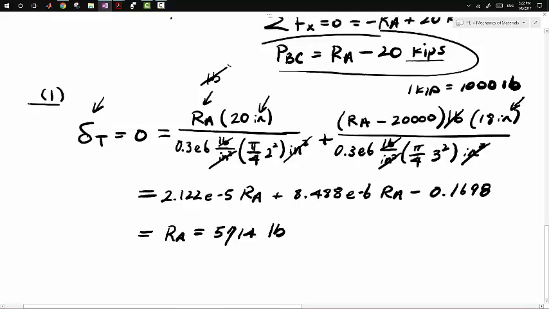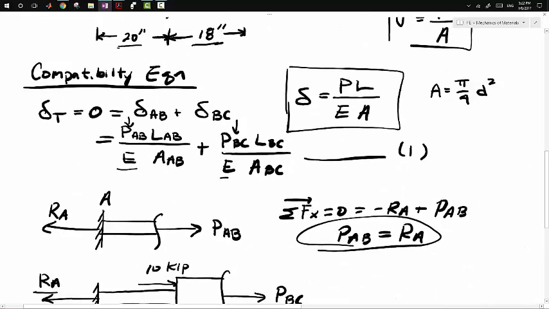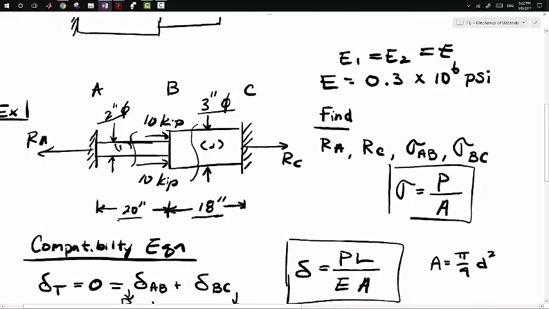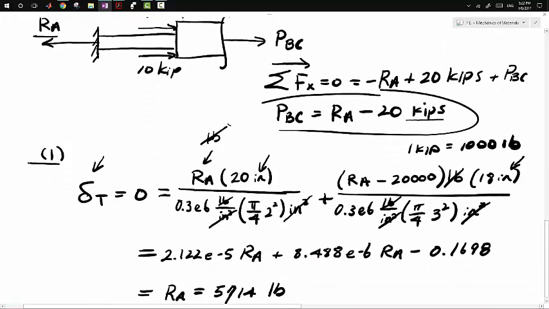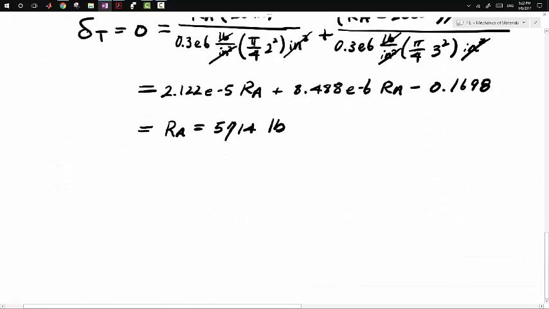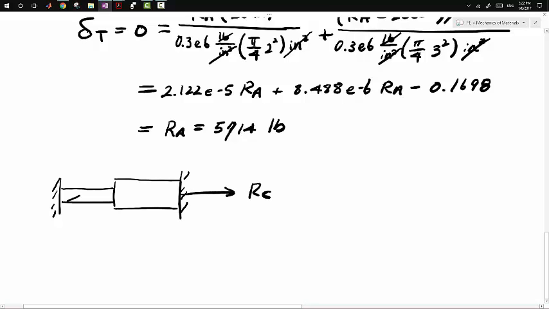So now let's find the reaction at C. So how do we find the reaction at C? Well, if we look at this original diagram, we can do the sum of the forces. So we have sum of the forces in the X. So if we look at the original, I'm just going to redraw it real quick. Here's the original. So this is RC, this is RA, here's 10 kips, here's 10 kips, these are both kips.